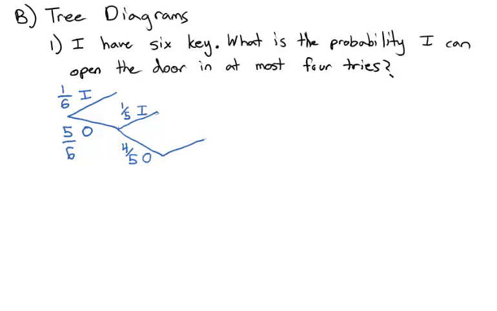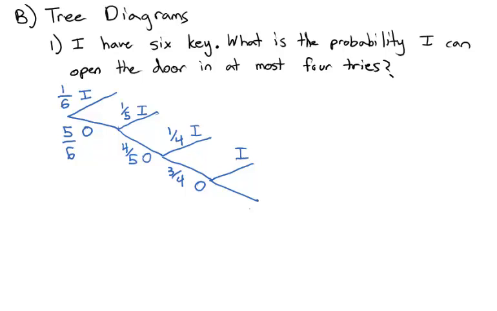If I'm out, though, I'm going to try again. I'll either get in or I'll be stuck out. At this point, there's only 4 keys left, so I've got a 1 in 4 chance of getting it correct, and a 3 in 4 chance of getting it wrong. If I'm stuck out, I will try again. We said at most 4 tries, so that's what we see here is 4 branches.